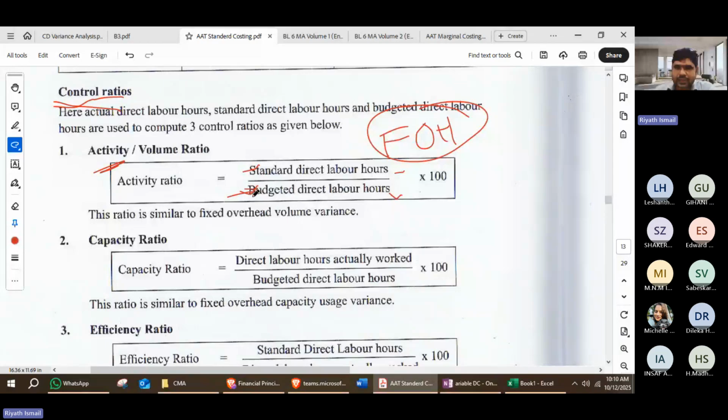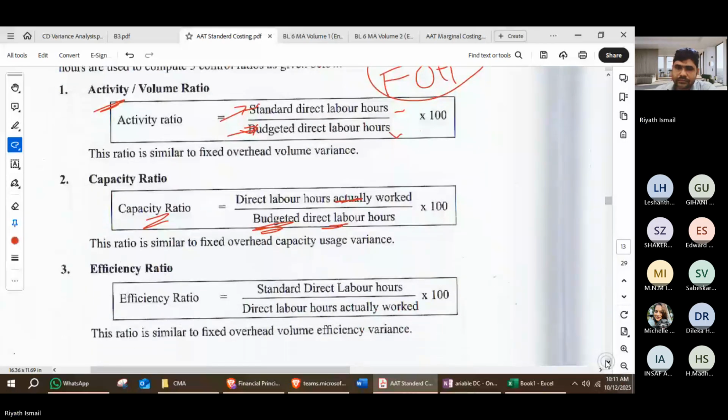We estimated 10,000 units, but if the standard hours produced are high, then there is a lot of activity. Capacity ratio: direct labor hours actually worked over budgeted direct labor hours, and the efficiency ratio.